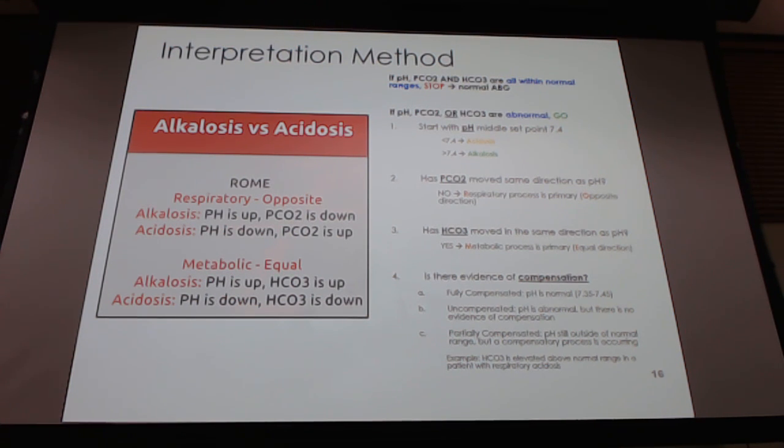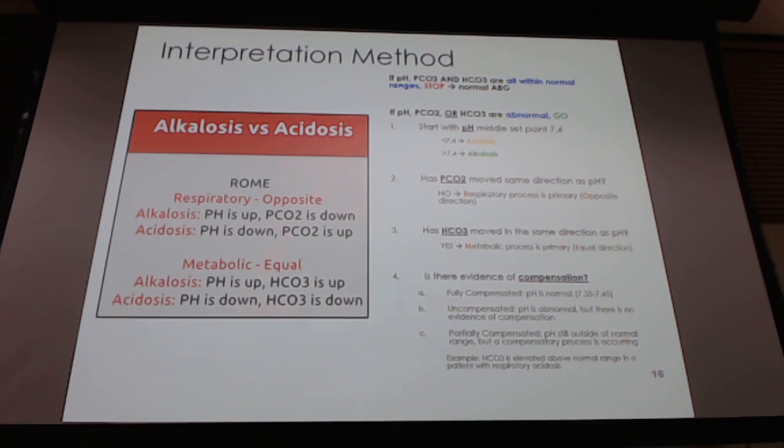Compensation, I will not ask you about compensation, but I think it's important to understand the concept. So fully compensated is when the PCO2 and or the HCO3 are out of range, but that pH is normal. We see that with chronic diseases like COPD, where a patient is constantly hypoventilating because they can't move air, and so they're retaining CO2, and so their body is always a little acidic.